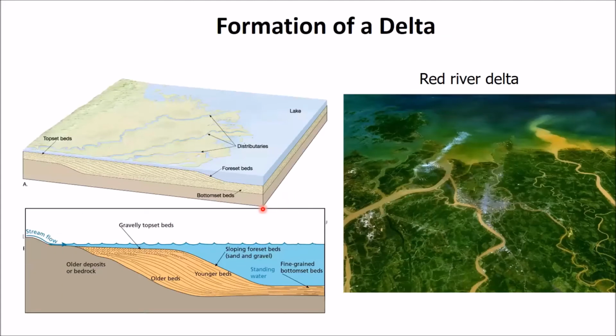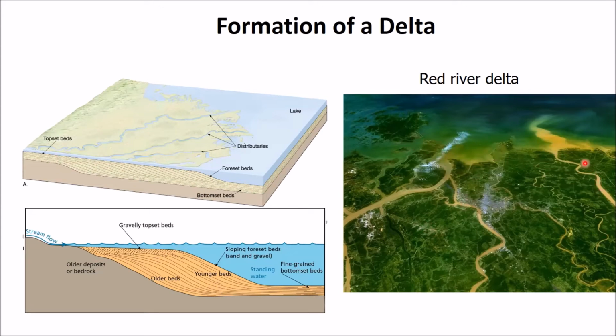And here is the formation of a delta, like the Red River Delta or Mekong Delta or some other river delta, the way different layers of soil are deposited, here in three-dimensional space, and here in cross section, in two dimensions. On the right side is a picture from an airplane showing the Red River Delta.